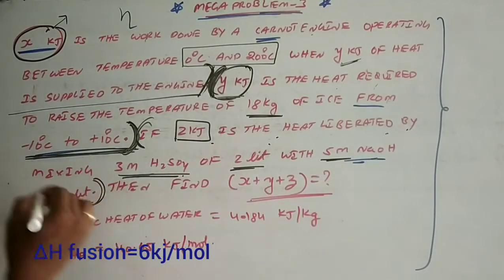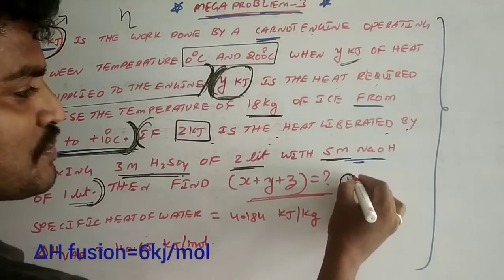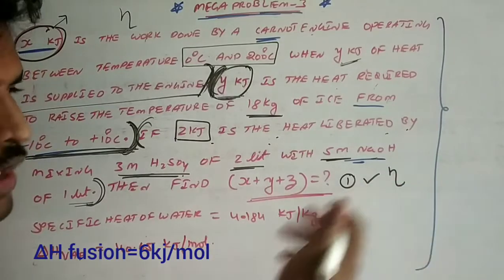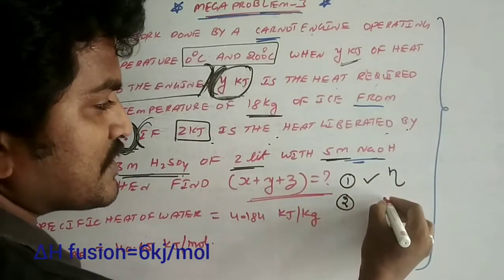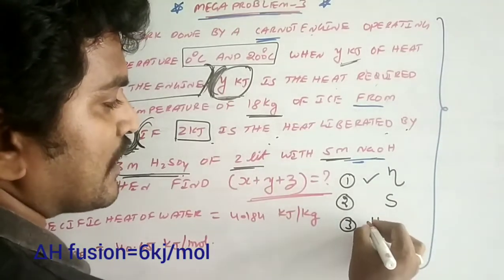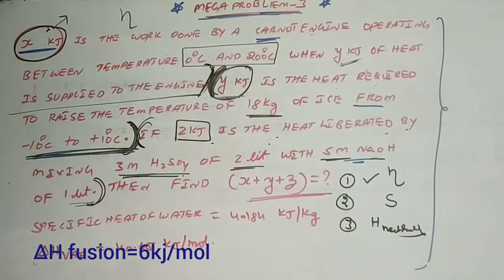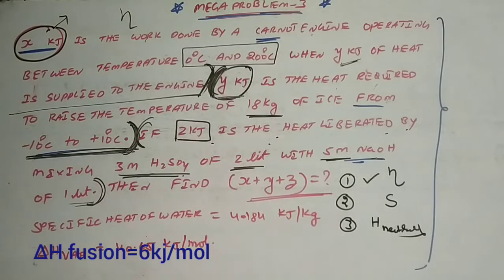This is one part. So totally this has 3 parts. The first part is based on the efficiency of the Carnot engine, the second is based on specific heat, and the third is based on the enthalpy of neutralization. Let me tell you the formulas for the first, second and third parts.